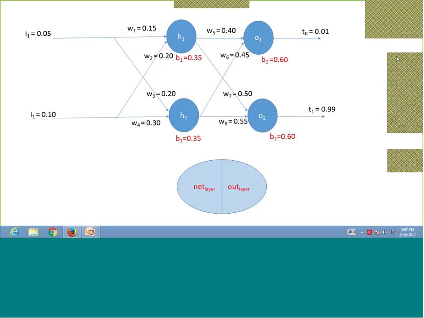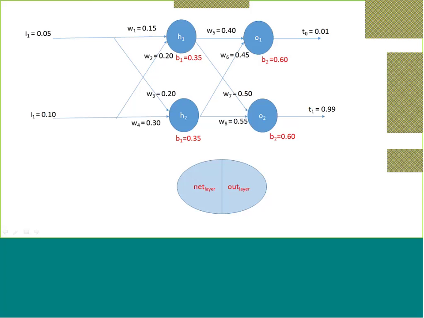So this is the neural network that I am going to use for explaining what I have discussed so far in my previous hour. The motive of this neural network is that every time I give my input, here the input is two-dimensional, so I am representing my input I as a two-dimensional vector, that is I1 and I2.